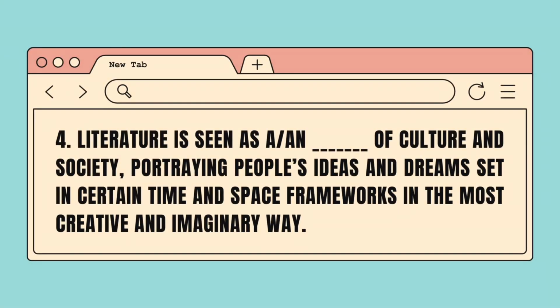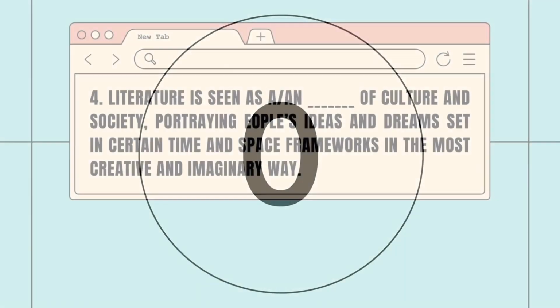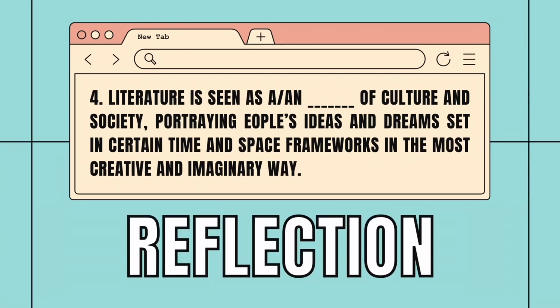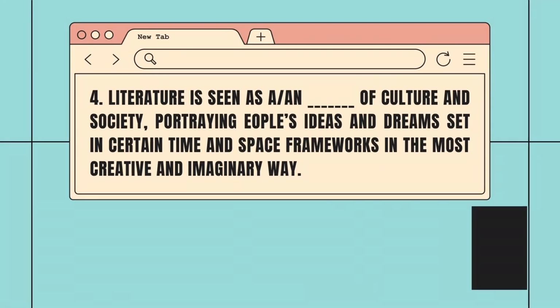Literature is seen as a or an blank of culture and society, portraying people's ideas and dreams set in certain time and space frameworks in the most creative and imaginary way. The answer in number 4 is reflection.